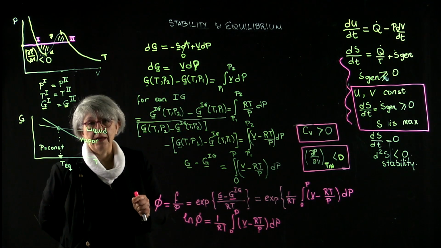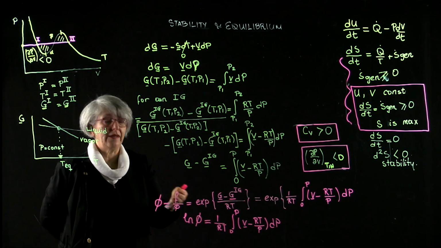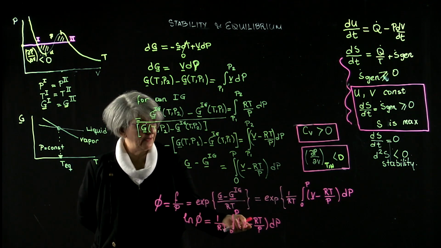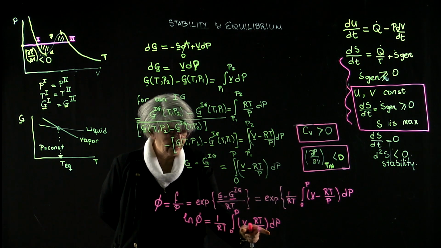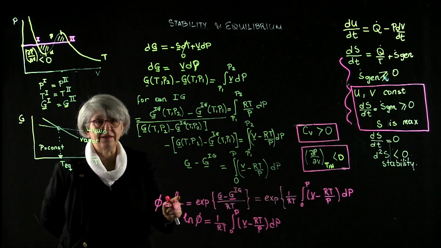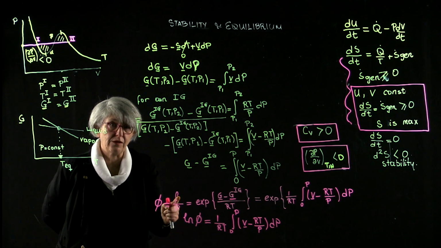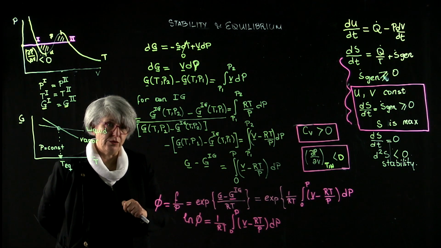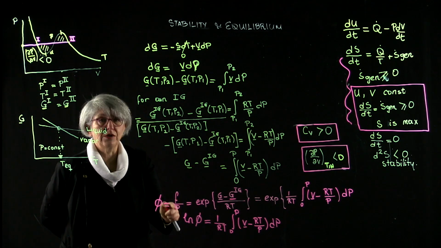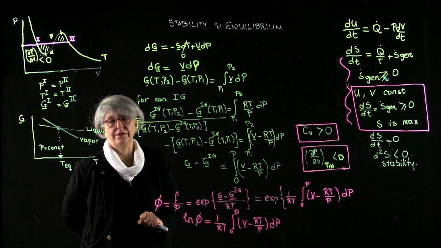And if our fluid is close to an ideal behavior, V is going to have an ideal behavior. This group is going to be 0, and therefore the fugacity coefficient is going to be 1, and therefore the fugacity of the fluid close to the ideal gas domains is going to be equal to the pressure of the gas.